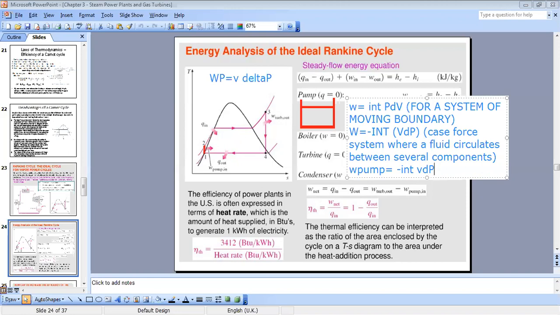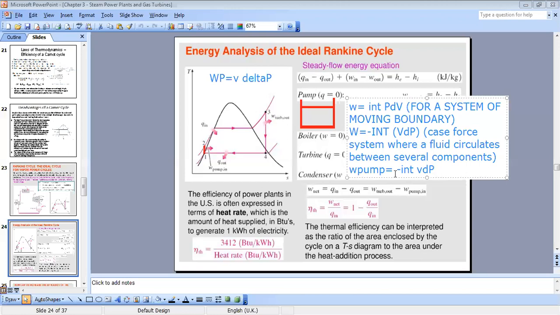And because for the pump, for a liquid, the specific volume is what? The specific volume is nearly constant for a liquid. This is why you can take the specific volume for the liquid outside of the integration, because the liquid in general has constant density and constant specific volume. Of course, for small variation of temperature. Here it's a small variation of temperature.